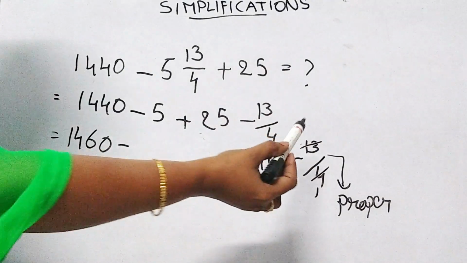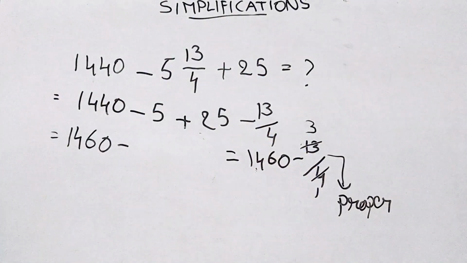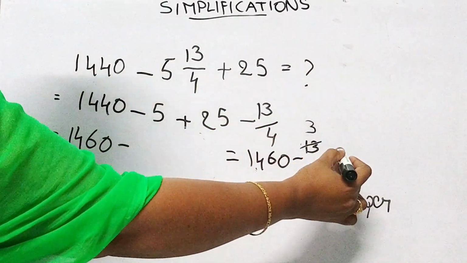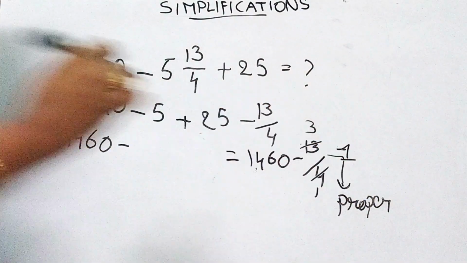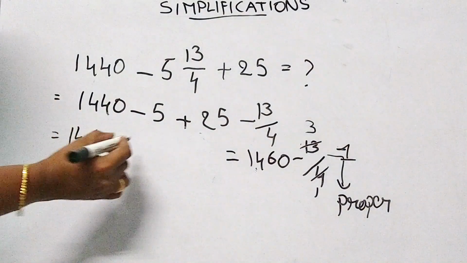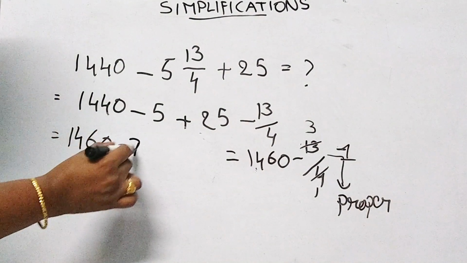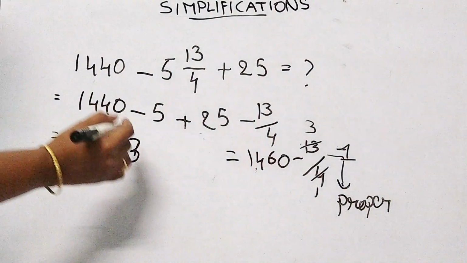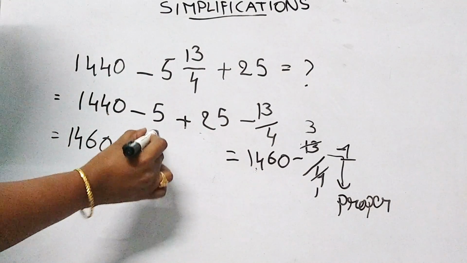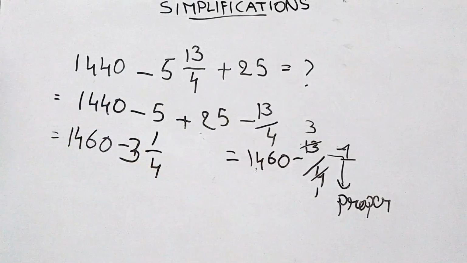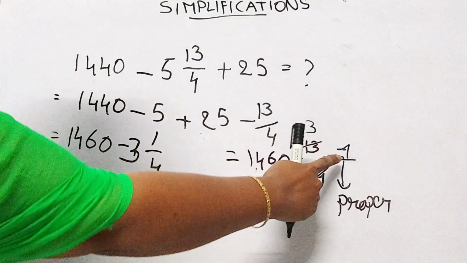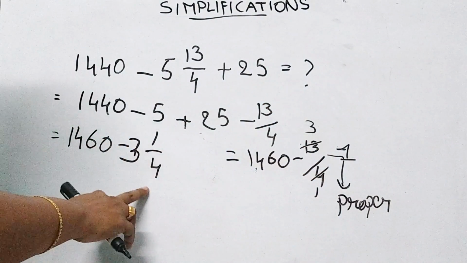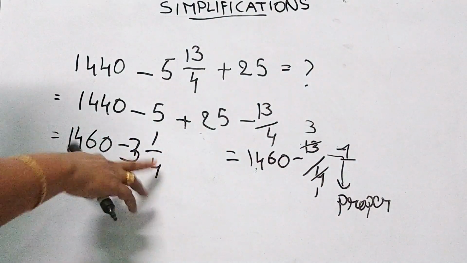The nearest multiple is 3. 4 3s are 12. The remainder is 1. So we can write this as 3 1 by 4, because 4 3s are 12 and 1 is the remainder. So I am writing it as 3 1 by 4.